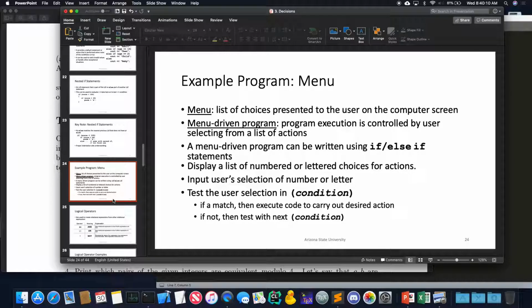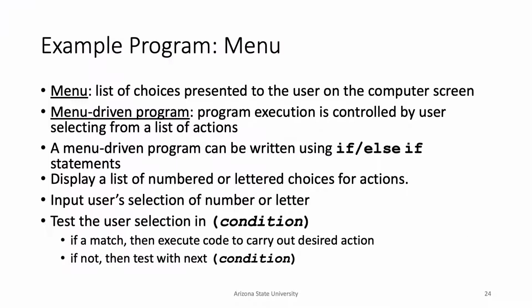Otherwise, else if their input matches the second option, B, then we do some other code. If it matches C, we do some extra code. Otherwise, we might have some invalid input code to handle. Maybe we would want to ask the user to input again until they give something that corresponds to the menu. Any questions about that sort of thing?